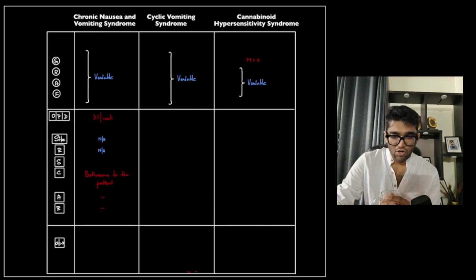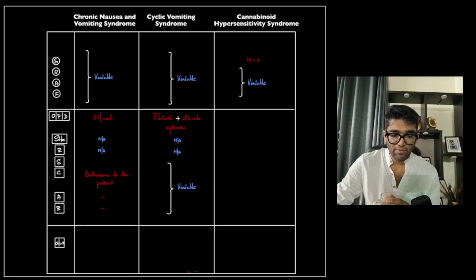Now, chronic nausea and vomiting syndrome is defined by the presence of vomiting lasting for more than or equal to a week. At least 1 week it has to be there. It should be bothersome to the patient. The patient should complain that they are troubled by the vomiting, and there should be nothing else associated with it. So there are no associated features.